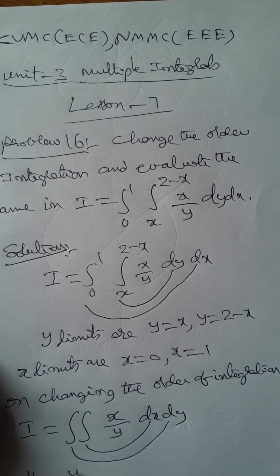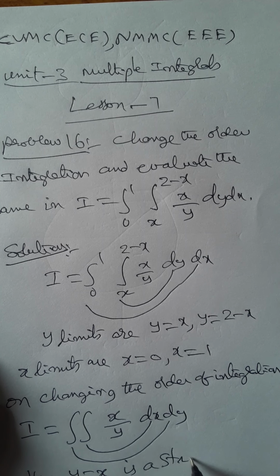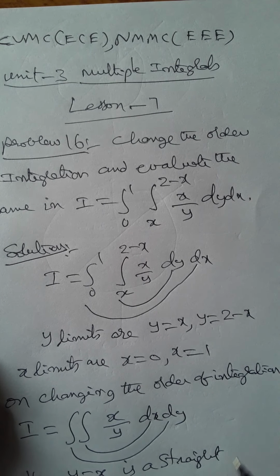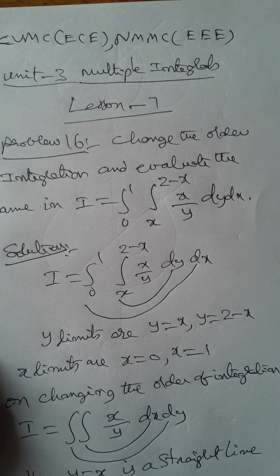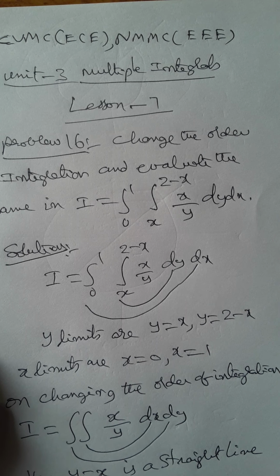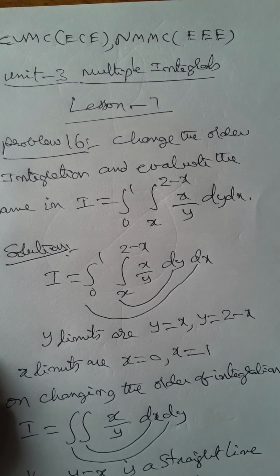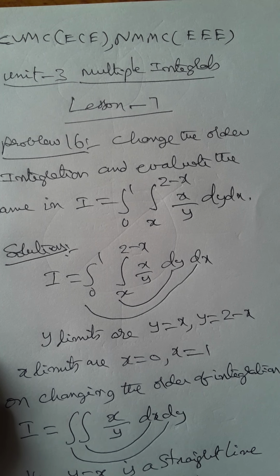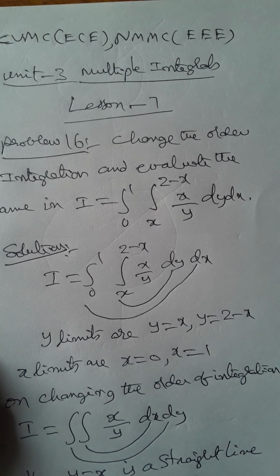Here y is equal to x is a straight line passing through the origin. The second curve is y is equal to 2 minus x, so x plus y is equal to 2.